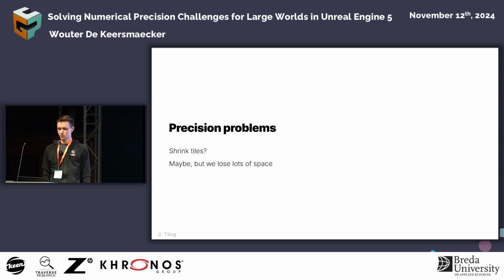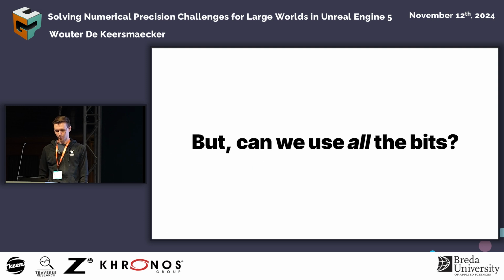If we zoom out, we doubled the bit count, but we only gain a very little space, and we have these weird semantics. So tiling is not that great of a solution. So can we do any better? Could we perhaps just use all of the bits instead of trying to have this separate tile and offset value?